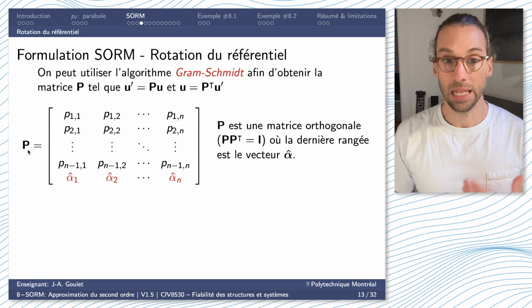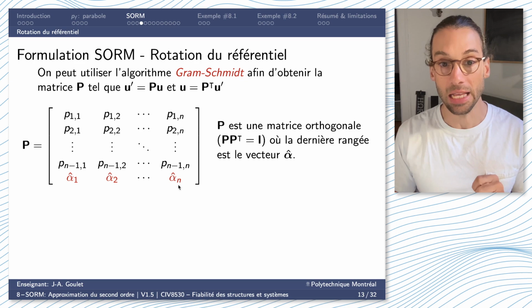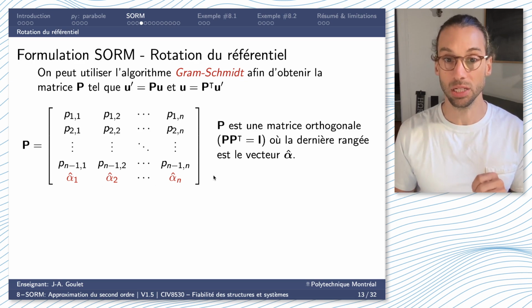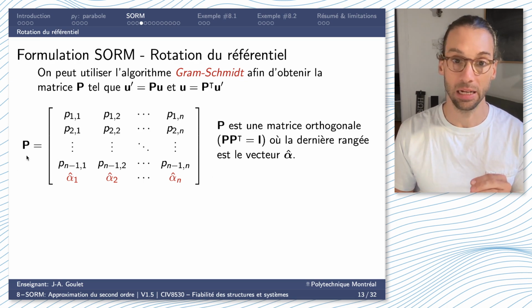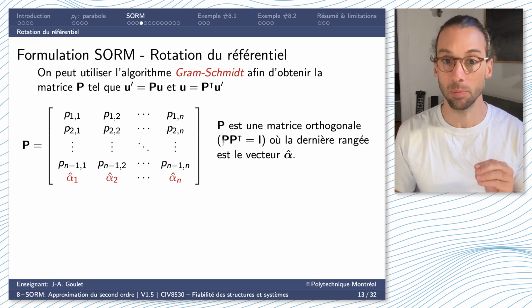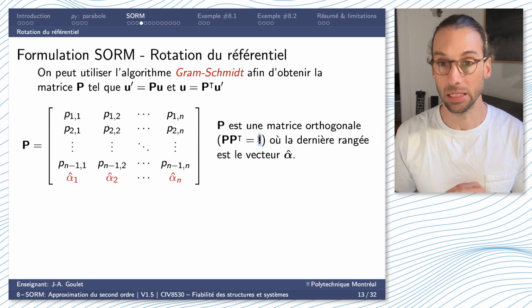So P is that rotation matrix, where with the Gram-Schmidt algorithm, the specificity is that we want the last row of that rotation matrix to be my alpha hat vector. And that rotation matrix is such that P times P transpose is equal to my identity matrix.